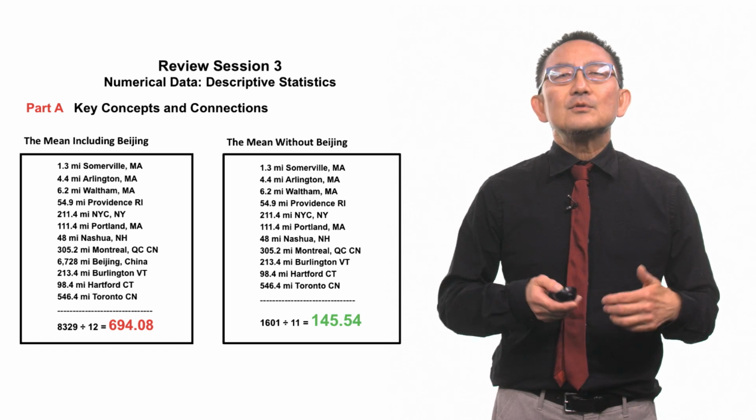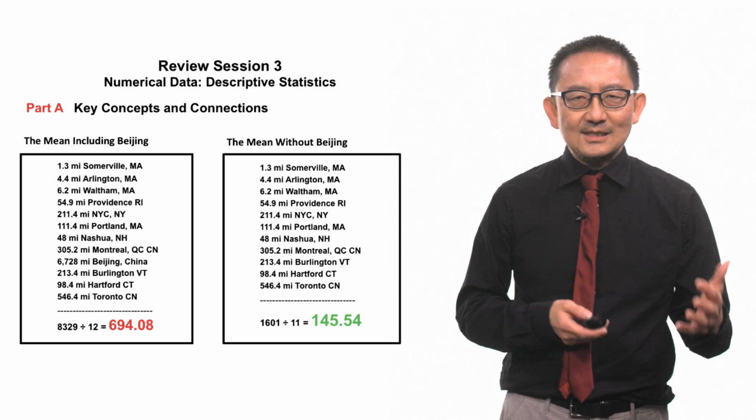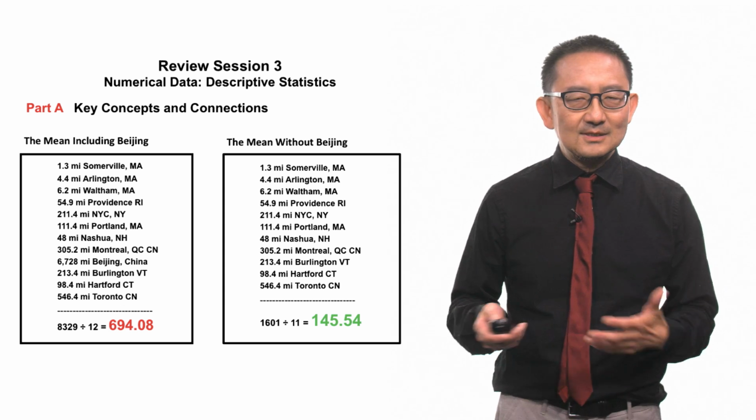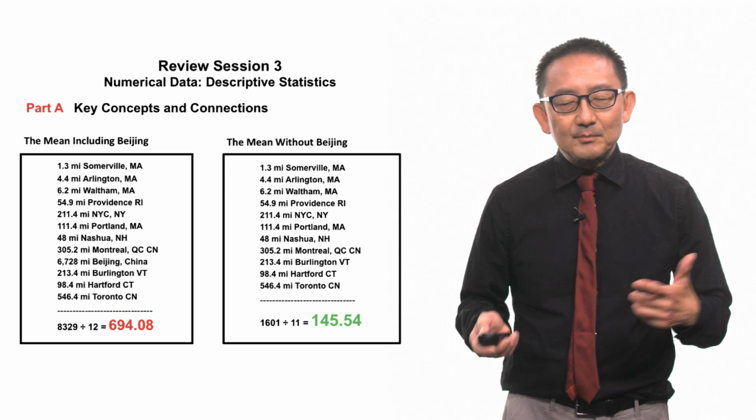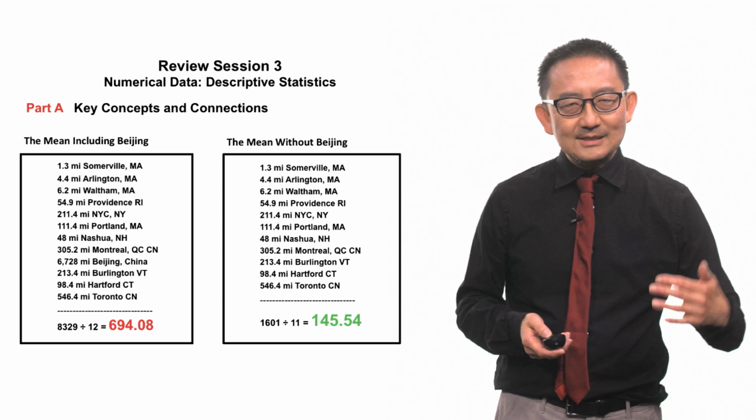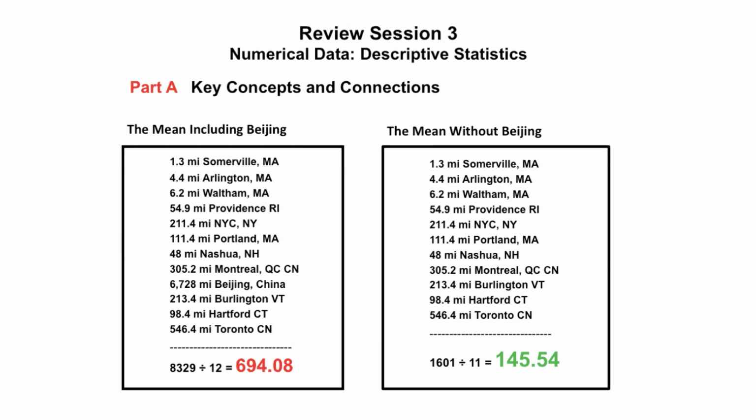So if the point of the exercise was to establish that my students are taking classes from all over the world, that's true, but really one data value is inflating the mean in a huge way. If we removed Beijing, we would say 145 miles roundabouts, and that's respectable. That is certainly not the next town over, but it is a much smaller number of miles than when Beijing is in the mix.